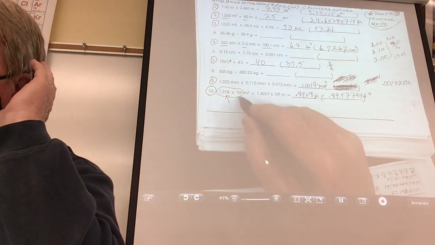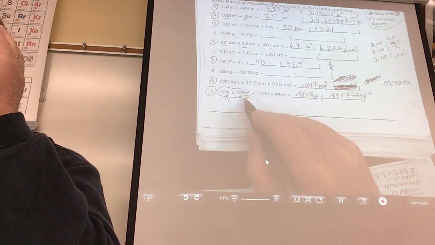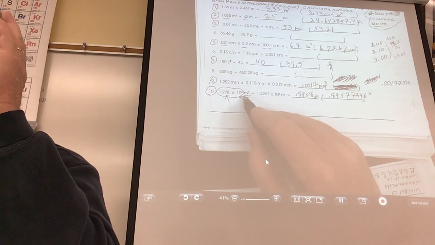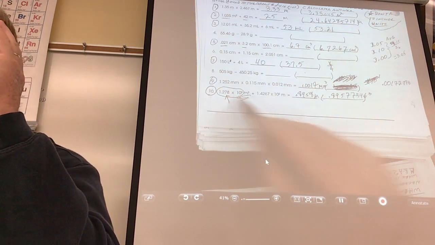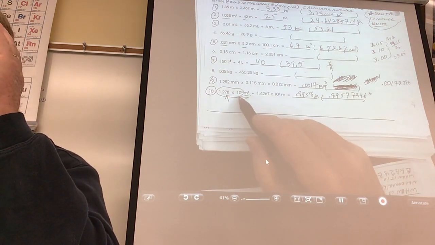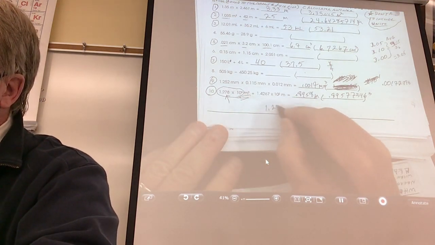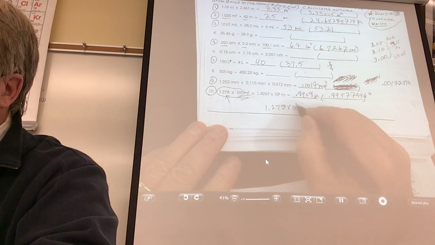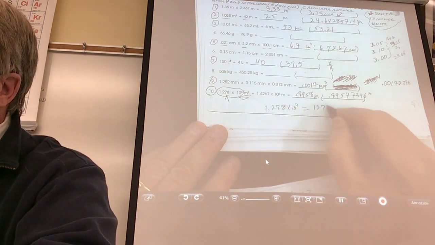Now, I do have to put this in a calculator. I put 1.278 times 10 to the third in a calculator because this number is big, isn't it? It's in scientific notation, right? Did you put this in a calculator? See, this number here is 1.278 times 10 to the third, which is the same as 1278.